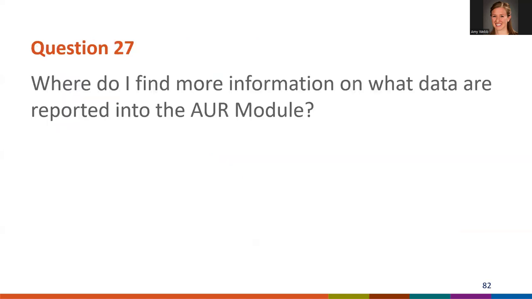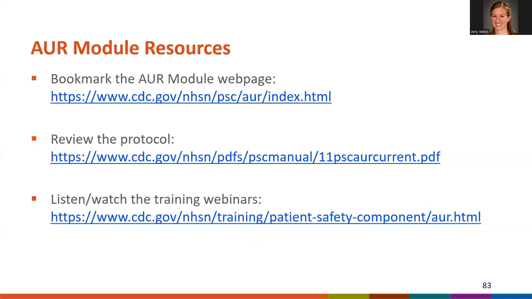So where do I find out more information on what data are reported to the AUR module? So we have a lot of great resources today. I didn't have enough time to barely touch upon the surface of what data are actually reported for AU and AR, but you can find a lot of great resources on our web pages here. So I have the link for our AUR module webpage, which is kind of the starting place for all of our materials.